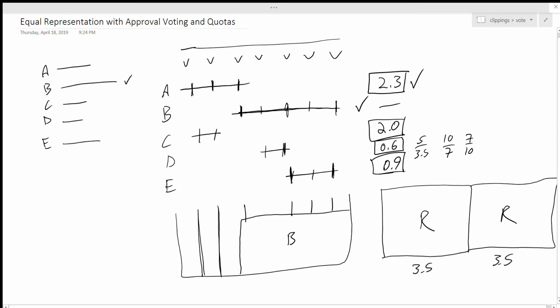So A would fit in here. Let's see, 3 over 3.5 is, I guess, 6 over 7. Okay, so that's going to be a little higher than the quota bucket. So it gives that much representation to those 2 voters. It's a little bit higher than you'd want, but they got kind of lucky.